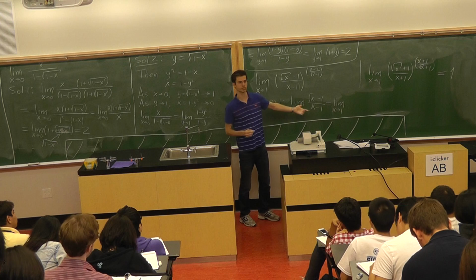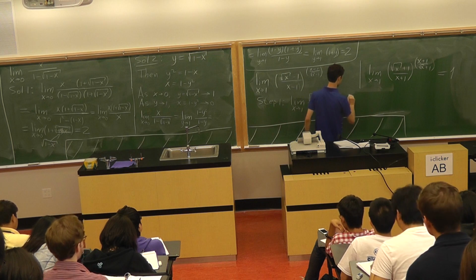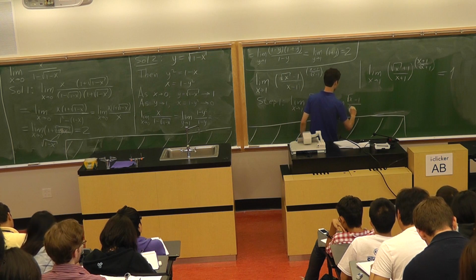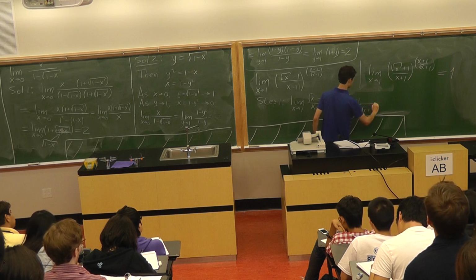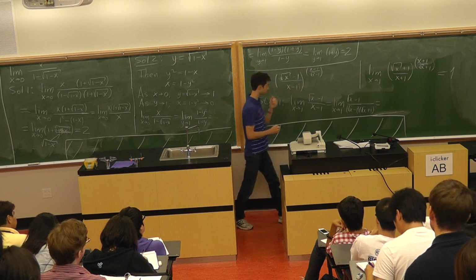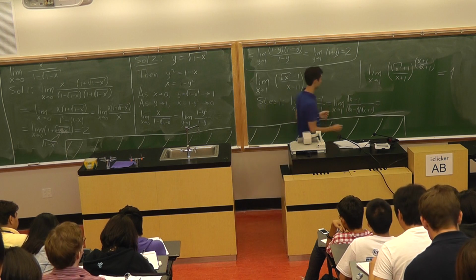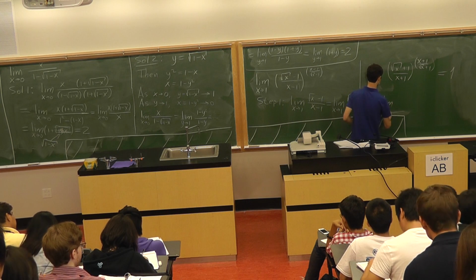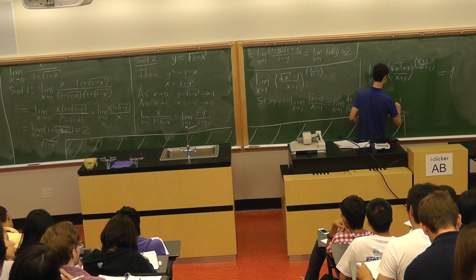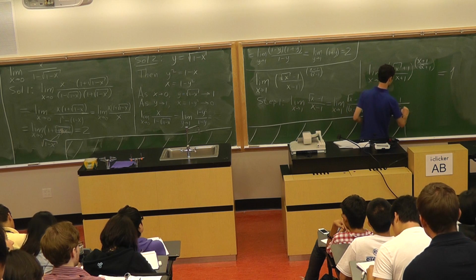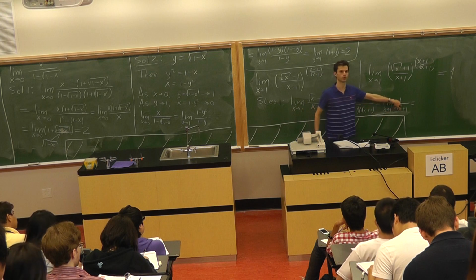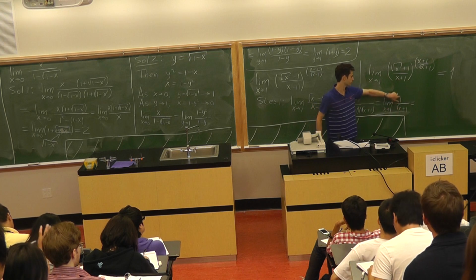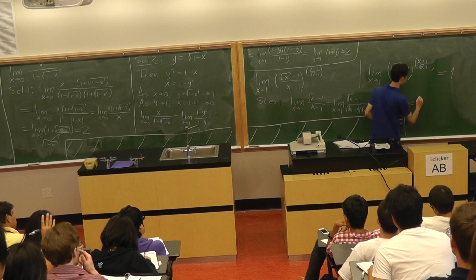I can rewrite the denominator as square root of x minus 1 times square root of x plus 1. And, well, it's the same as the limit as x tends to 1 of 1 divided by square root of x plus 1. When x is close to being 1, square root of x is close to 1. So this whole expression is close to 1/2.